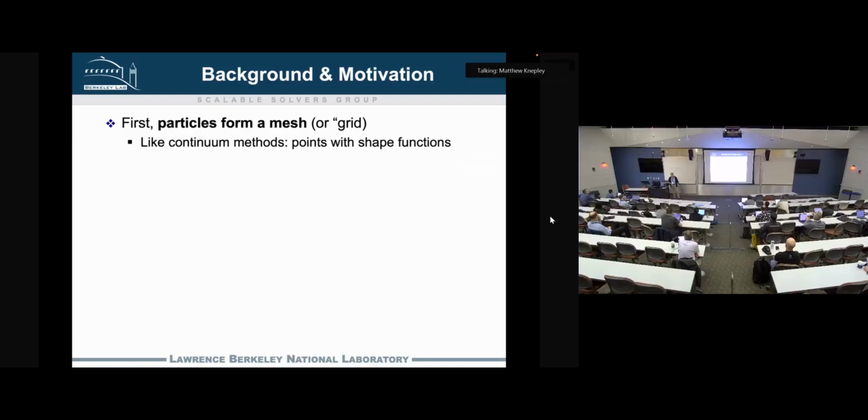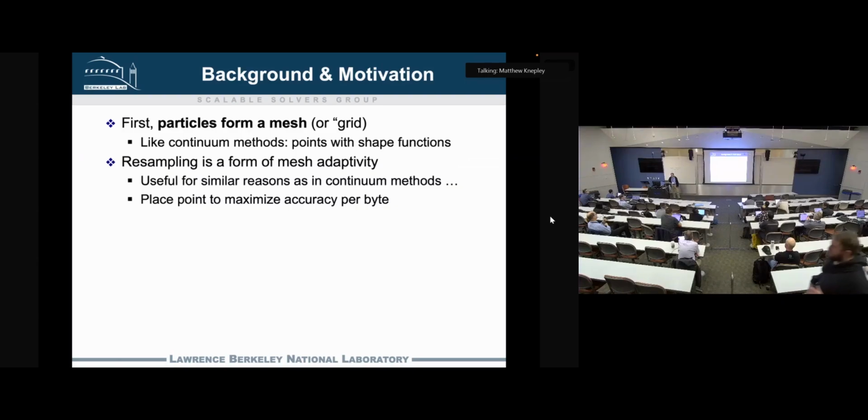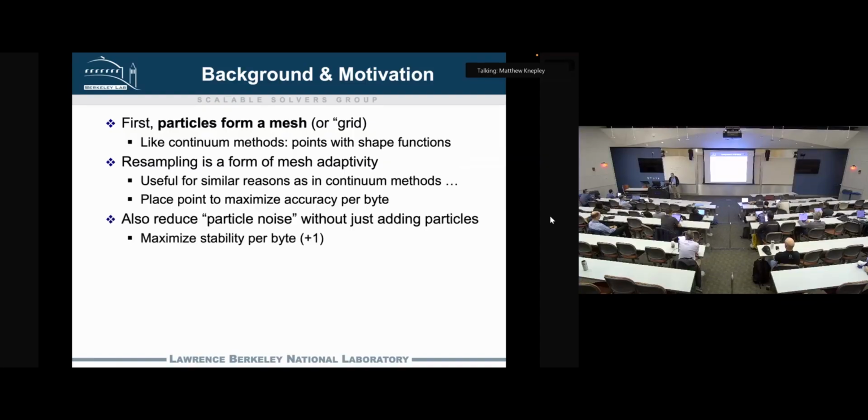And so they act exactly like a grid in a more familiar continuum method. So resampling is a form of what we would call mesh adaptivity in a continuum code, and it's useful for some of the same reasons. In particular, you can place points to maximize your accuracy for the data that you've got, so just optimizing your grid.